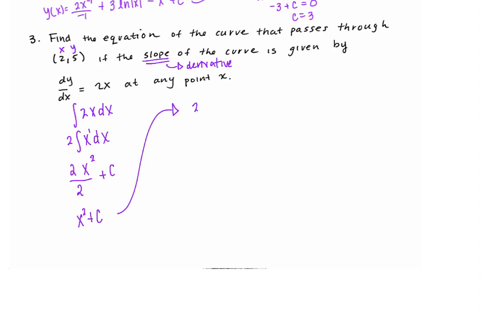So I've got 2 squared plus c will equal 5. 4 plus c equals 5. So c equals 1. So my original function, y of x, equals x squared plus 1.